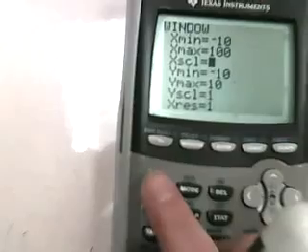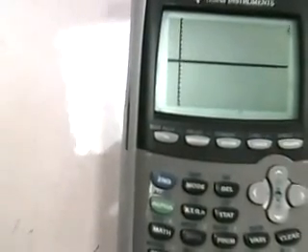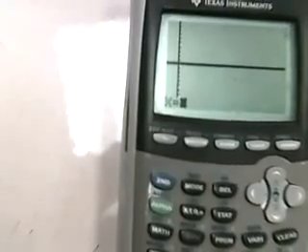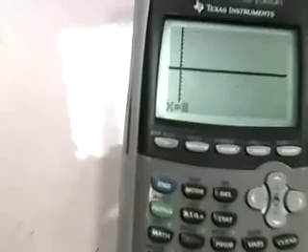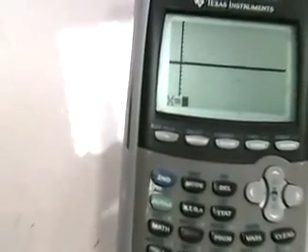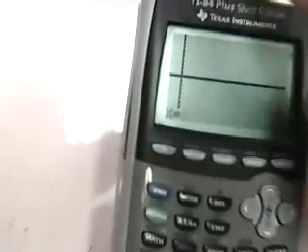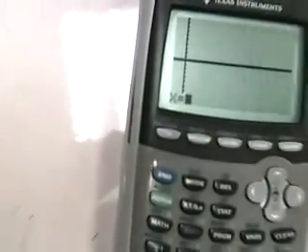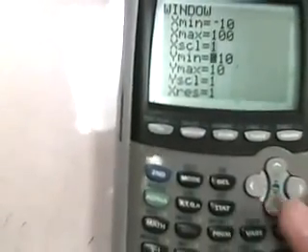Now let's try it. Let's go back to second trace value. I still can't see my graph, but because I raised my x-max, there's a chance it'll take my point. It's just that my graph is so far up here or so far down here that I can't see it. If that wigs you out, then change your y-min and your y-max.